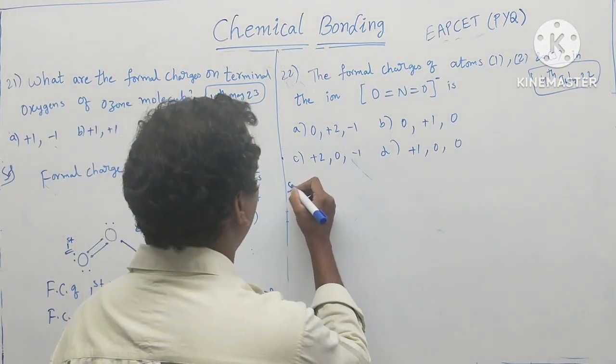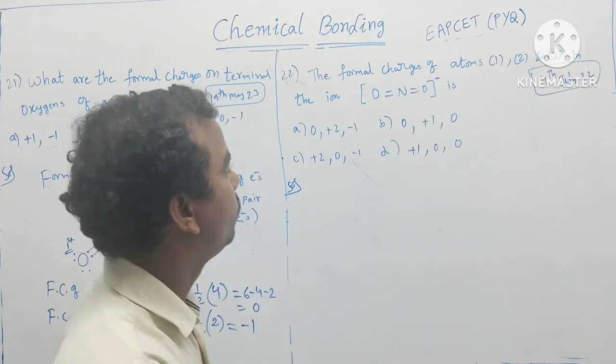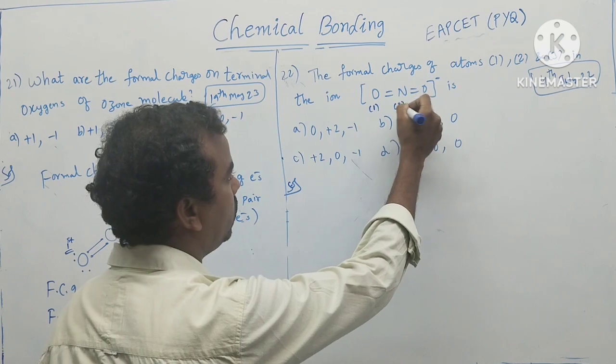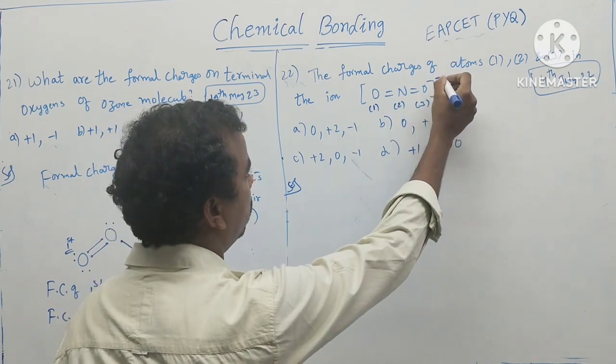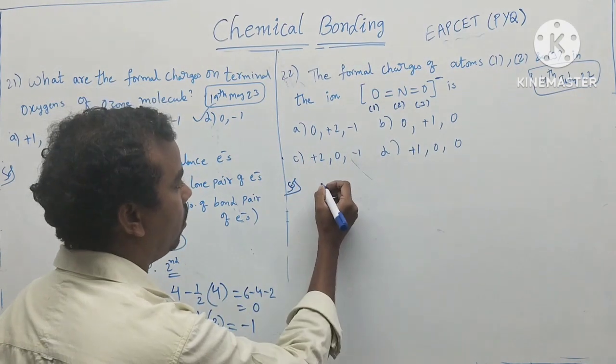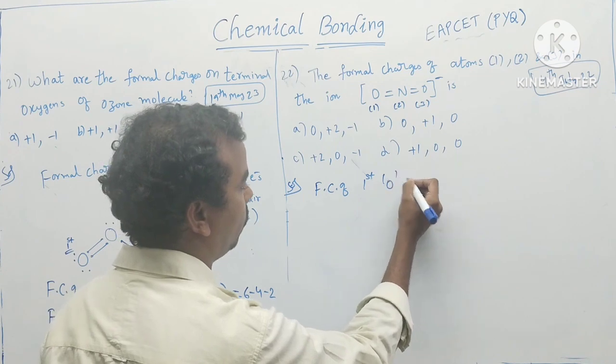So next, the formal charges of atoms 1, 2 and 3 in the ion. What is the formal charge of the first oxygen atom?